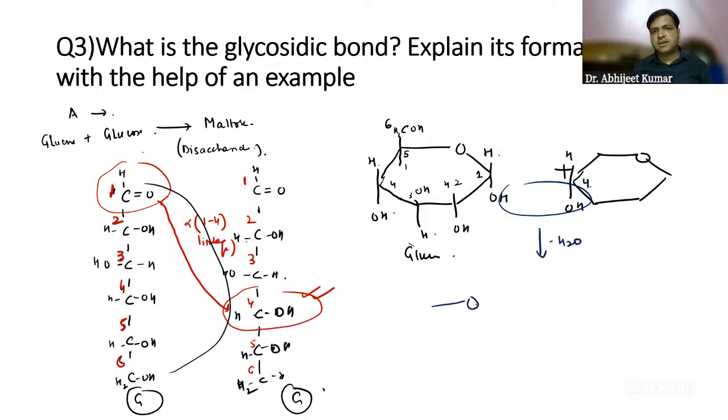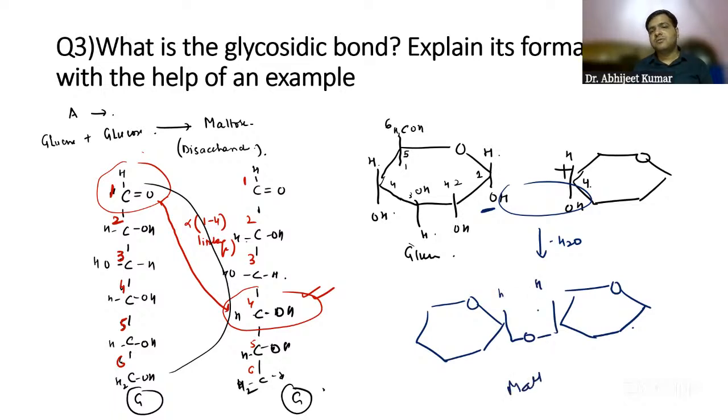And obviously the structure which will be formed over here, this oxygen which is left over here will be bonded like this, H and H. And this is called maltose, right? This bonding is called the glycosidic bond, right? So that is something you have to remember over here.